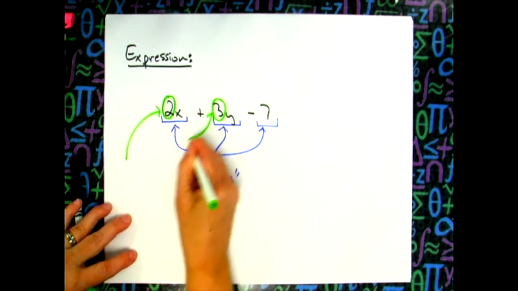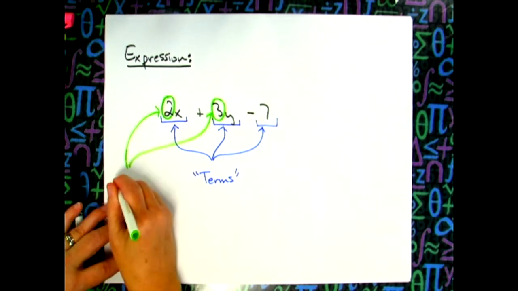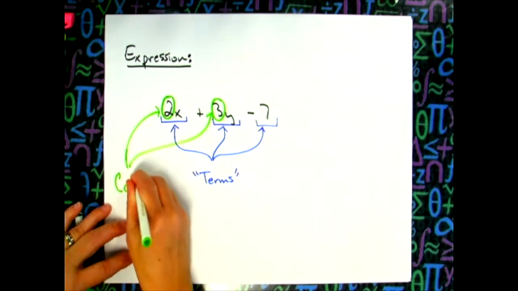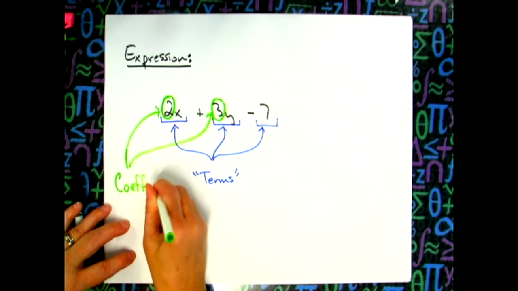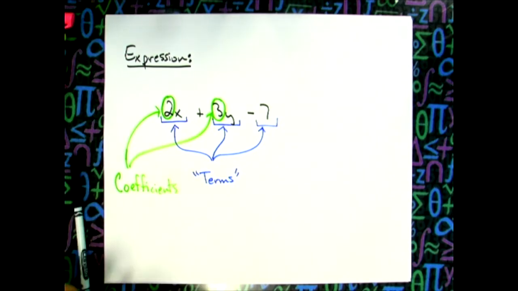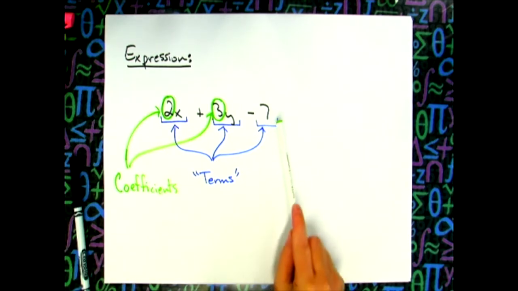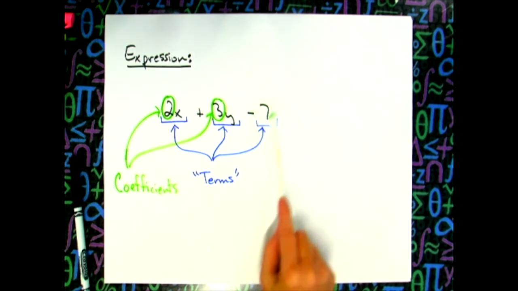So that's another vocab word. All right, numbers that sit in front of variables are coefficients. Now notice I did not circle the 7. All right, the 7 is not sitting in front of a variable. I don't have a variable over here. All right, so this is not a coefficient.